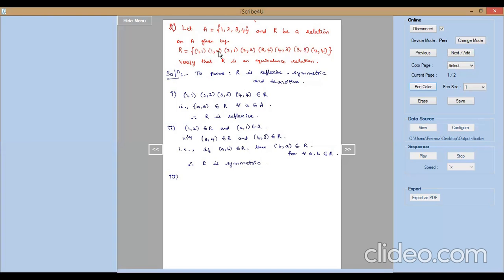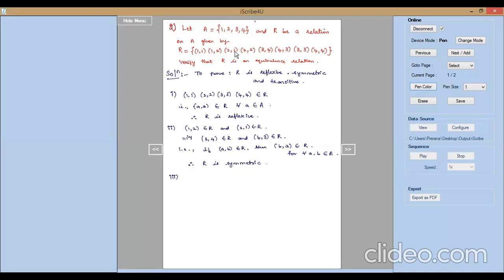(1, 1), (1, 2) gives us (1, 2), which is there in R. Along with (1, 1) I cannot take any other, so I will stop for (1, 1). (1, 1) work is over. Then (1, 2), (2, 1): (1, 2), (2, 1) says (1, 1) must belong to R, which is happening. Similarly, (1, 2), (2, 2) says (1, 2) should belong to R. Yes, it is true.